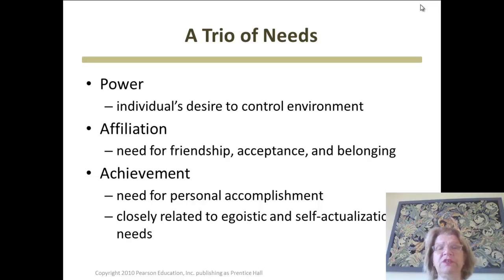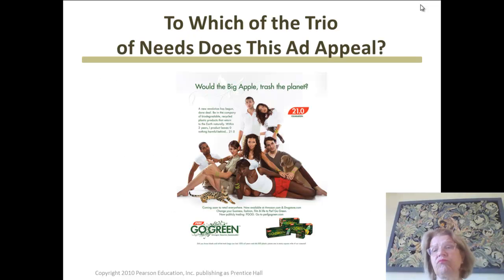Power, affiliation, achievement. To which of the trio of needs does this ad appeal?